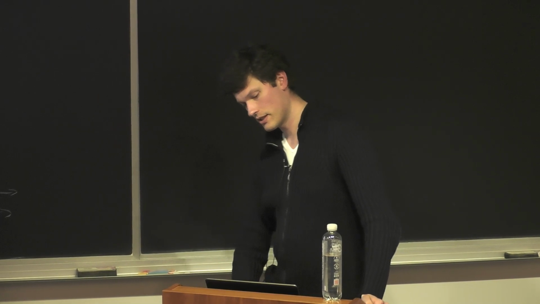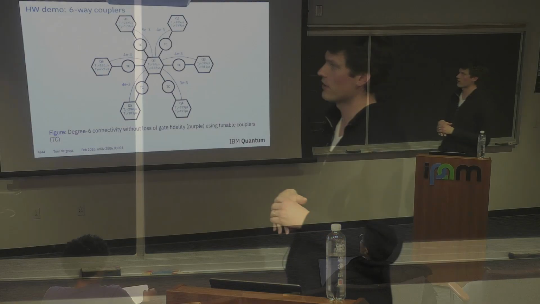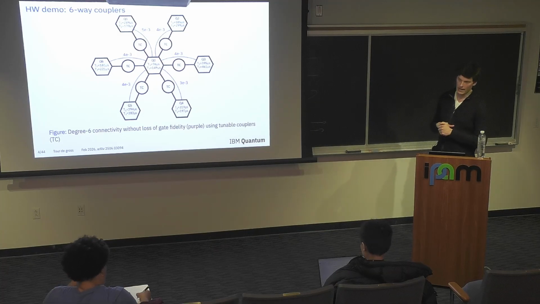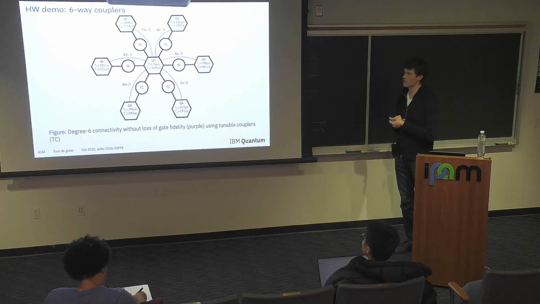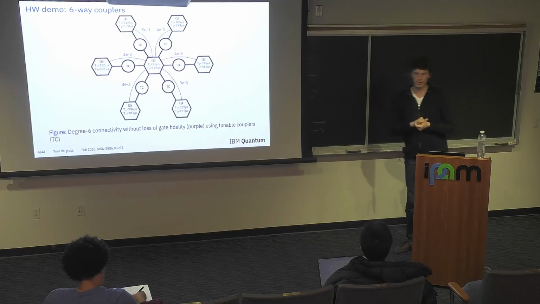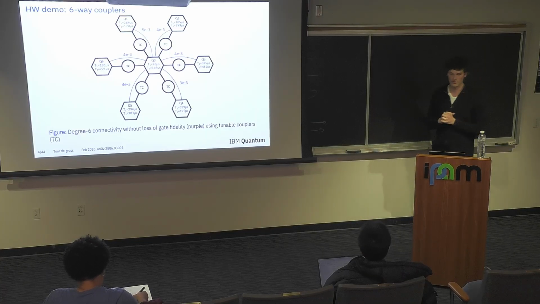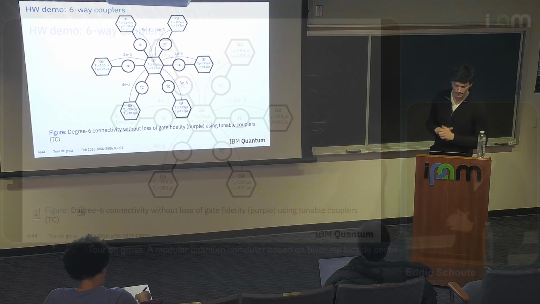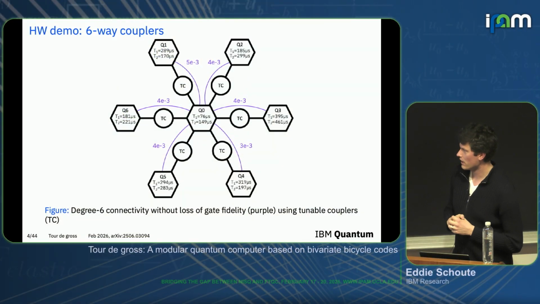As you may have noticed, this picture has a degree 6 connectivity. And IBM devices currently have just incremented to a degree 4 connectivity. We have a new device since last year. But in the lab, we have shown that we can build devices with a degree 6 connectivity without too much loss of gate fidelity, which I've highlighted here in purple.